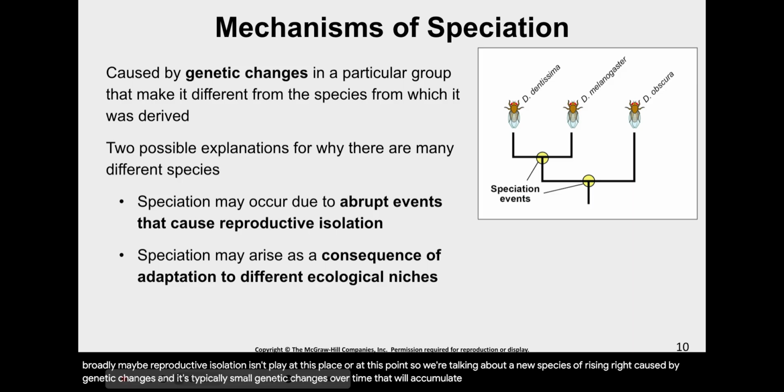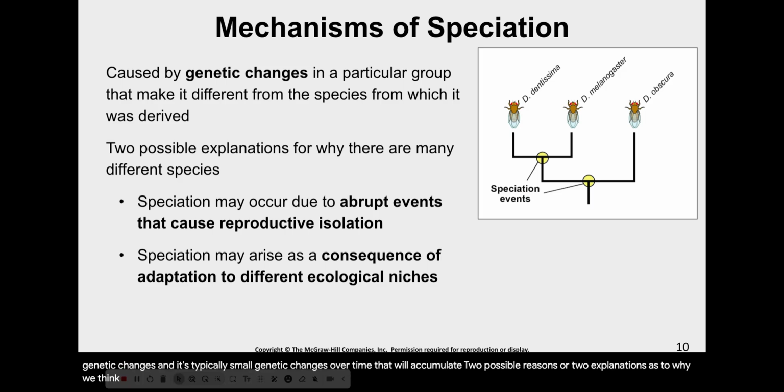And there's really two possible explanations as to why we think speciation can arise. We think that speciation can arise due to abrupt events that cause reproductive isolation, so physically separating them. Maybe that's a catastrophic flood. Maybe it's a wildfire.